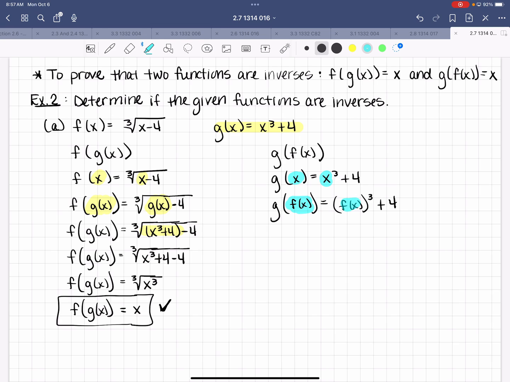Well, what's f of x? F of x is really the cube root of x minus 4. So g of f of x is going to equal the cube root of x minus 4, cubed, plus 4.